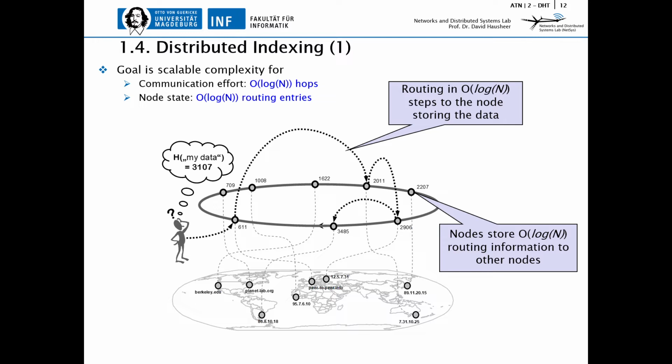And every node in between needs to store an amount of routing information, that is links to other nodes in the network, that helps then to forward those queries until the final node that has the information is reached.